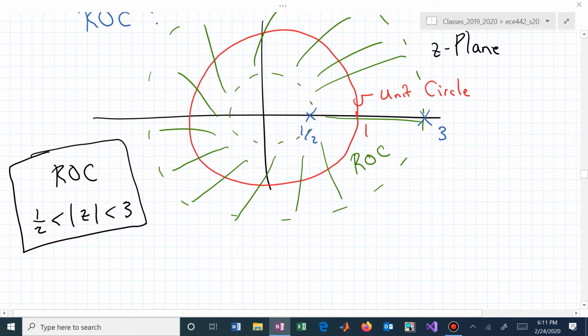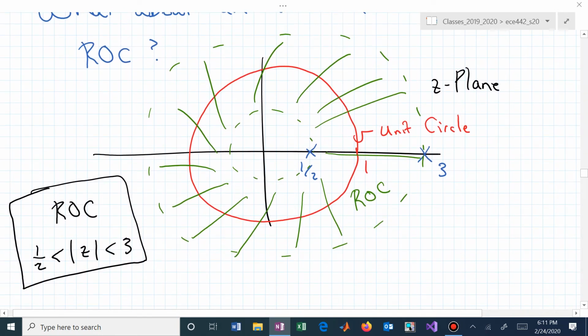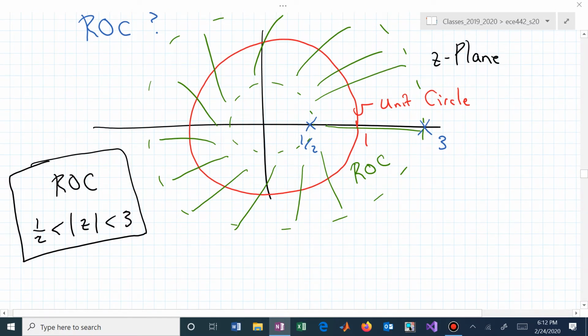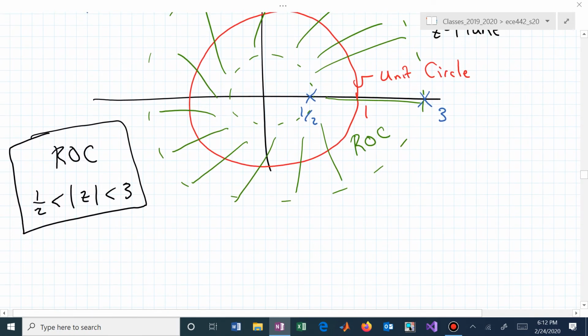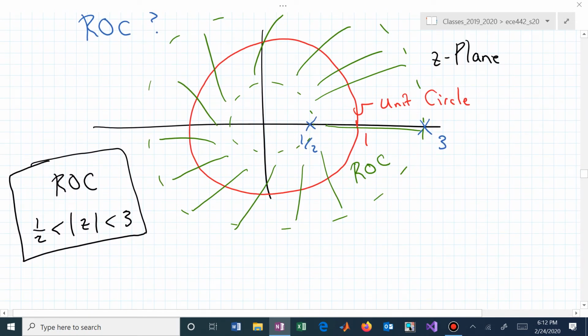And you know the structure. It's 1/2 to the n and 3 to the n, because those are your poles. But can you tell me anything about what you would expect for the time response behavior of that sequence based on this picture? It's bounded because the unit circle is on or contained in the region of convergence.